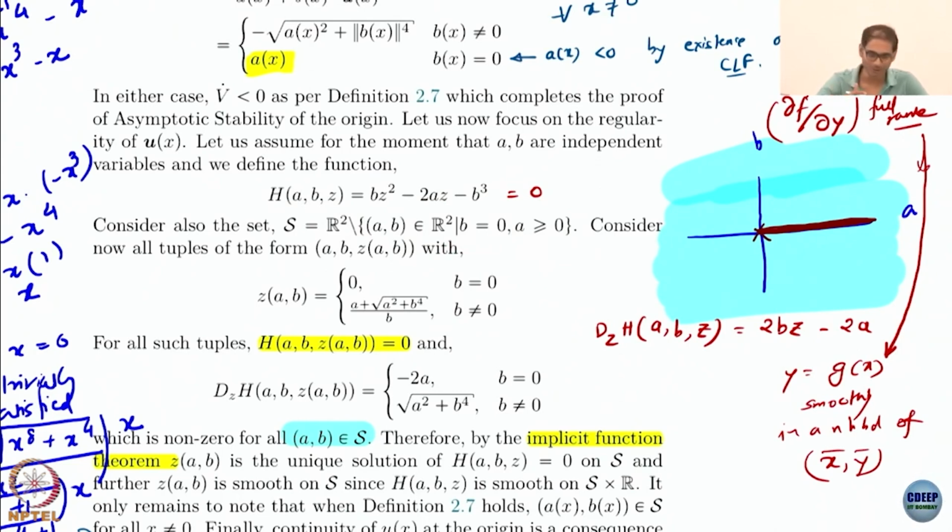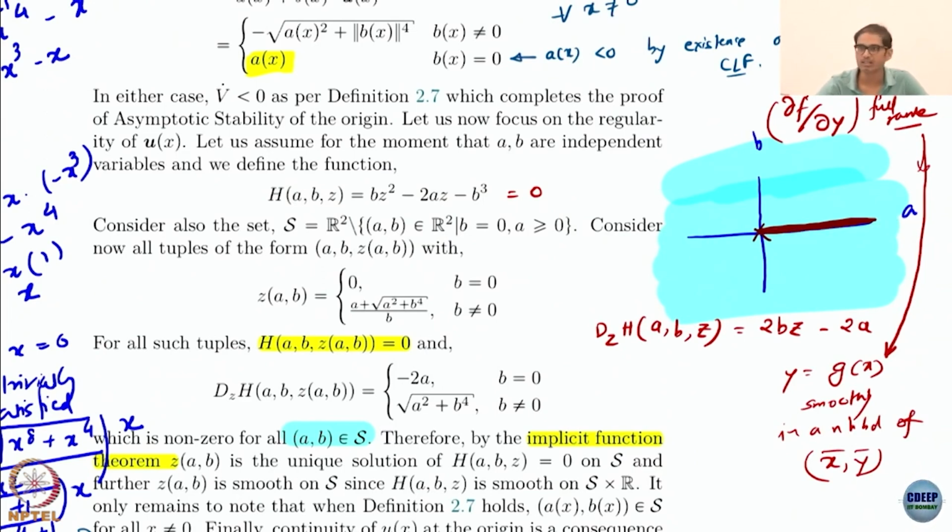Although I have forgotten that they are functions of X, I have to remember that there is a CLF requirement. So this is not a case that can appear, therefore I ignore this region. What is that region? It is this entire blue thing that I have drawn except for this axis, the right half. This entire line is not there, everything else is there in this set S.